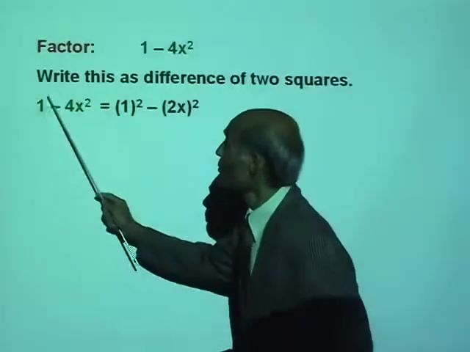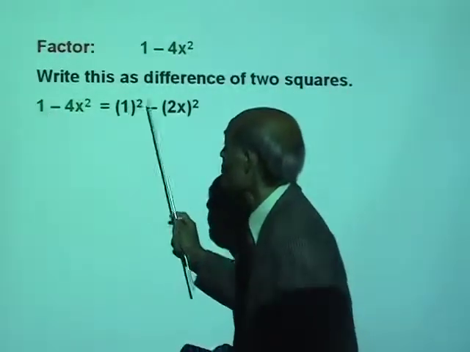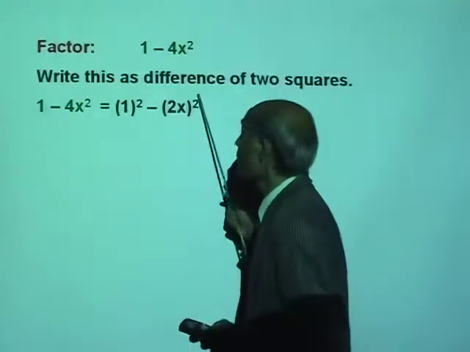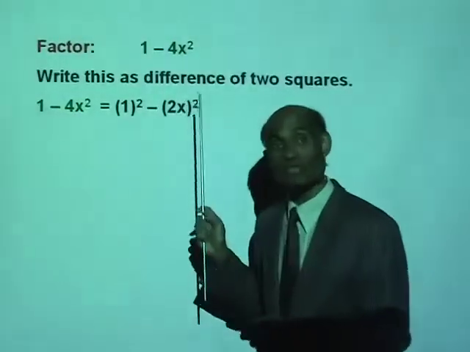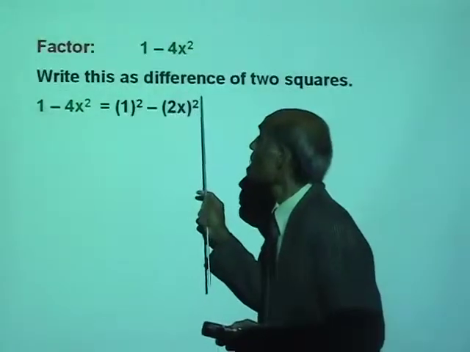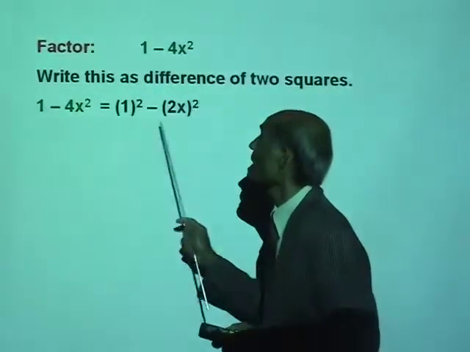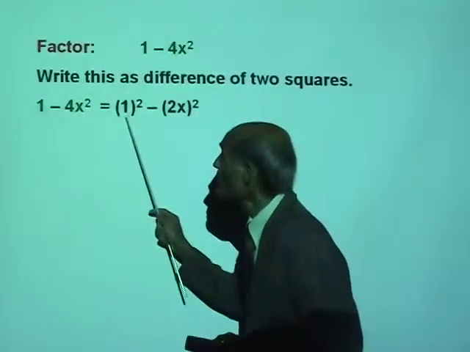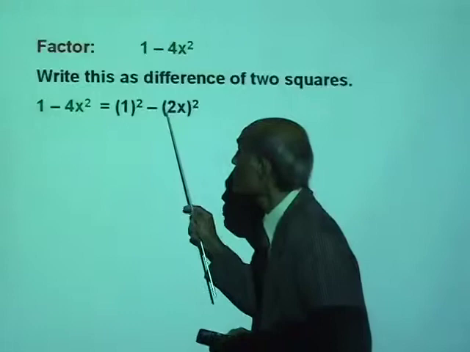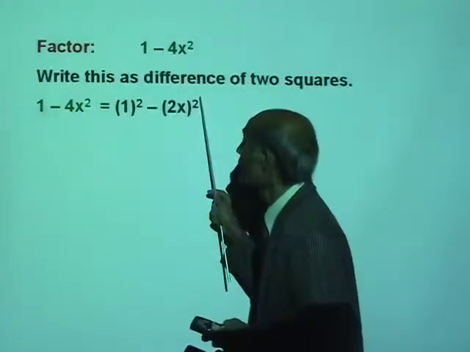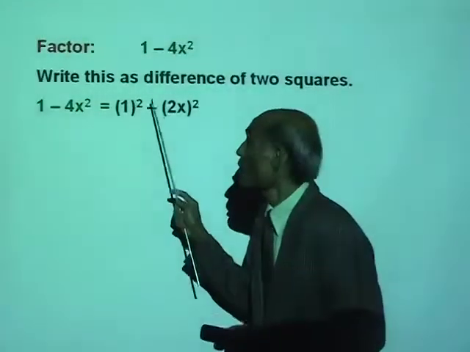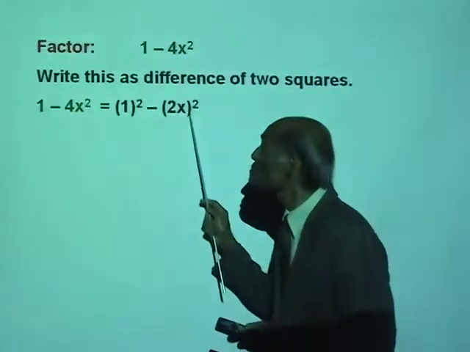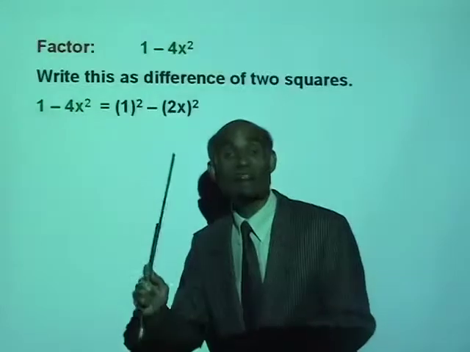So, you can write 1 as 1 squared and 4x squared as 2x all squared. Did you understand that? This will be 2 squared times x squared, which is 4x squared. So 1 squared minus the quantity 2x all squared. So the first number is 1, the second is 2x. What are the factors?